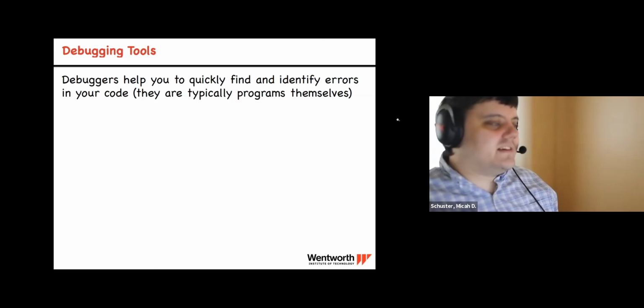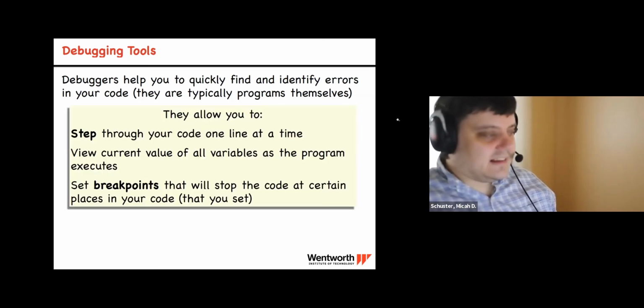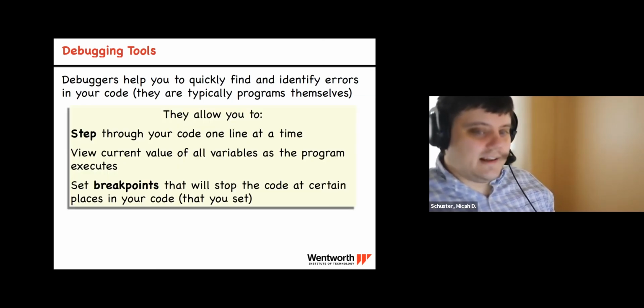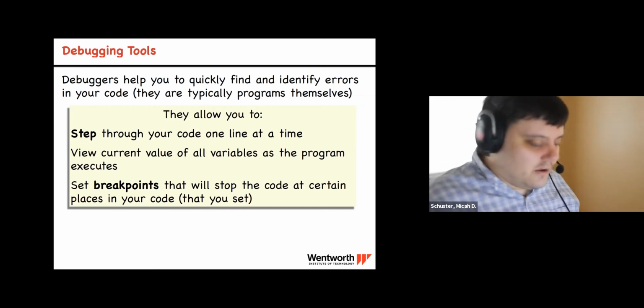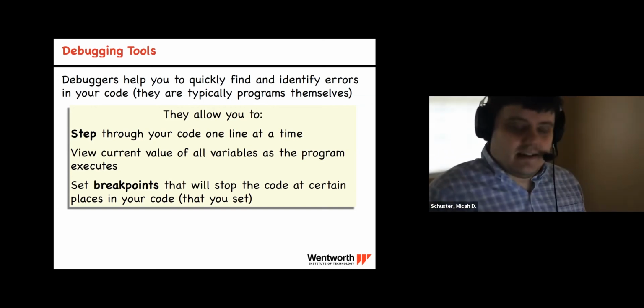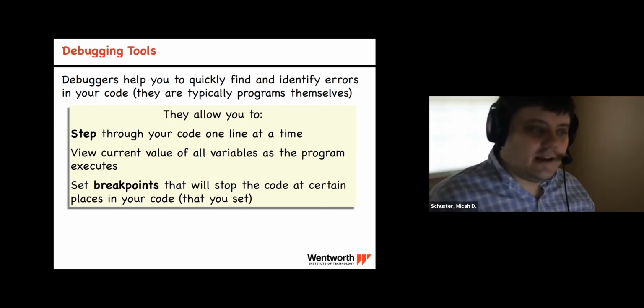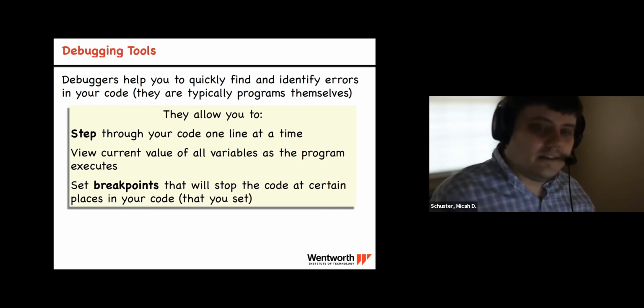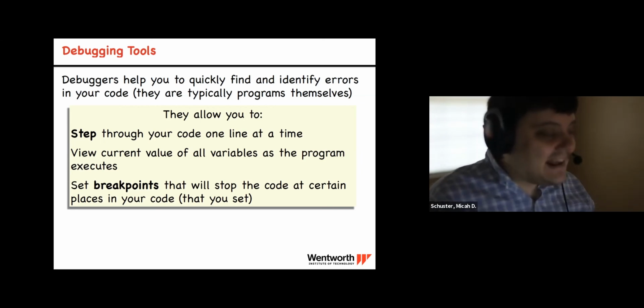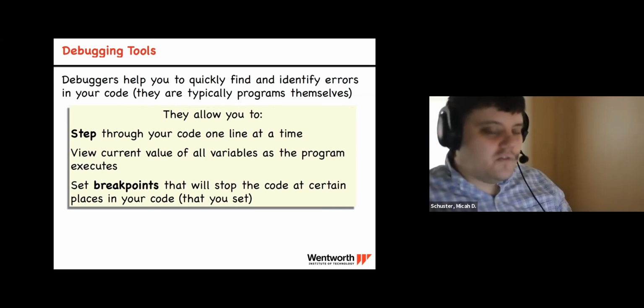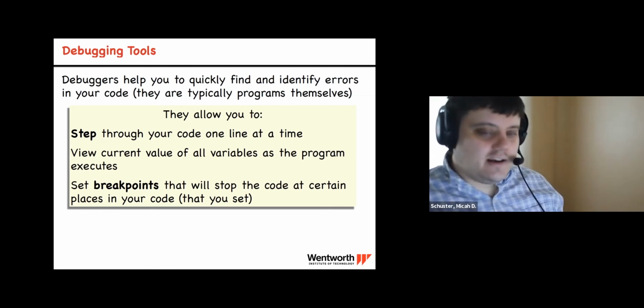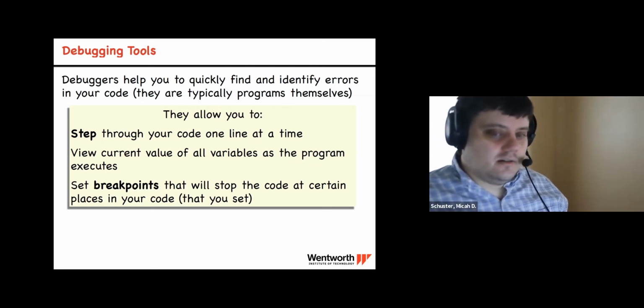So debuggers are nice because they allow you to step through your code one line at a time. Normally your code executes really fast. With a debugger active, you can execute one line at a time whenever you want to. And at any point in your program, you can view all of the variables that you've created and what their values actually are.